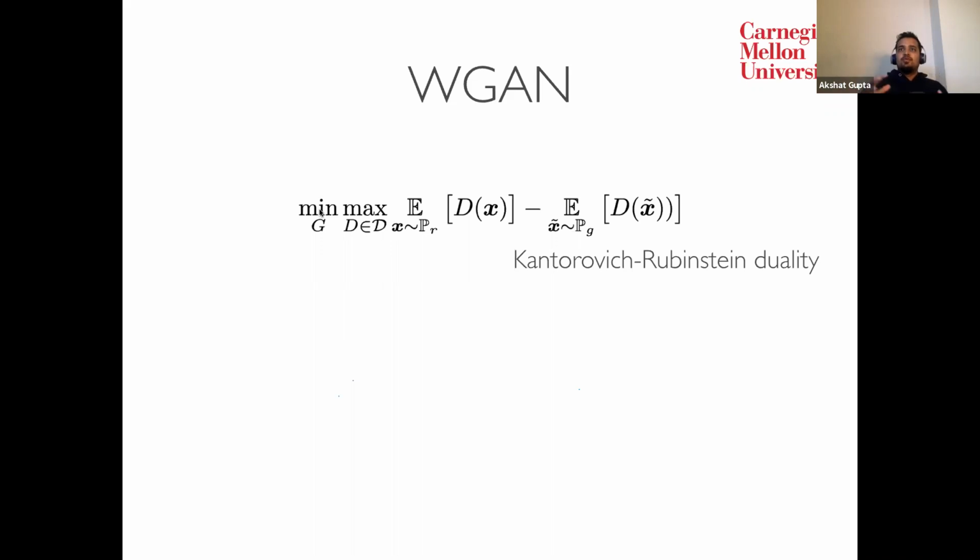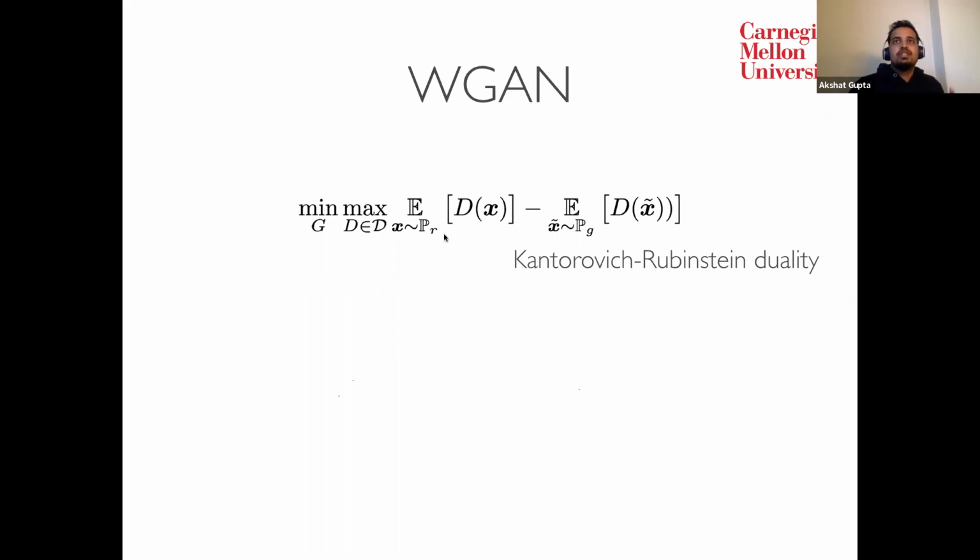But again, using the Kantorovich-Rubinstein duality, what the authors came up with is something that's beyond this course. I don't pretend to understand it completely myself, but what they came up with was a loss function for the generator that now minimizes the Wasserstein distance instead of the Jensen-Shannon divergence.